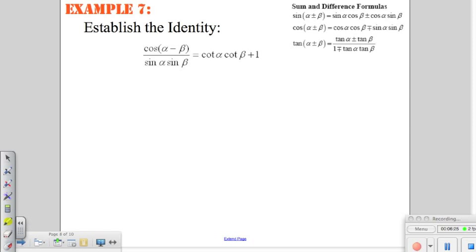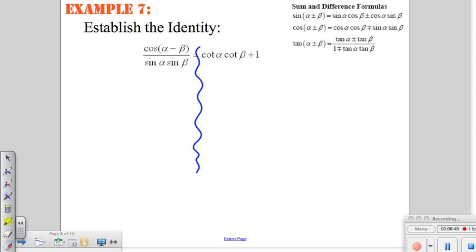The last thing we're going to look at right now is establishing identities, or verifying identities, with these sum and difference formulas. So here's our example, and I'm going to go ahead and start on the left side of this identity. Now, in the numerator, I see the cosine of alpha minus beta.